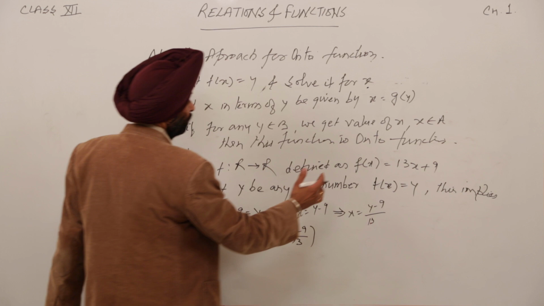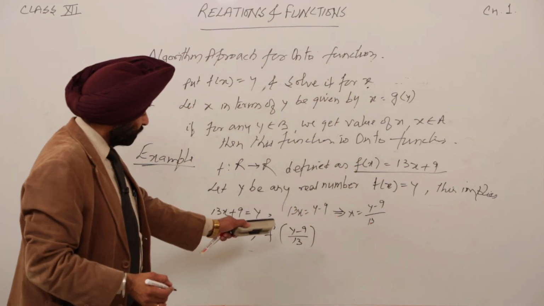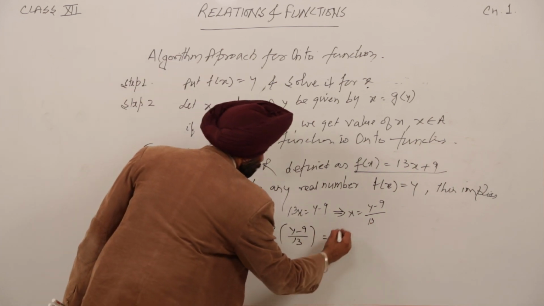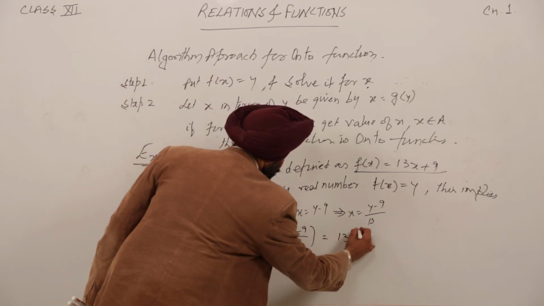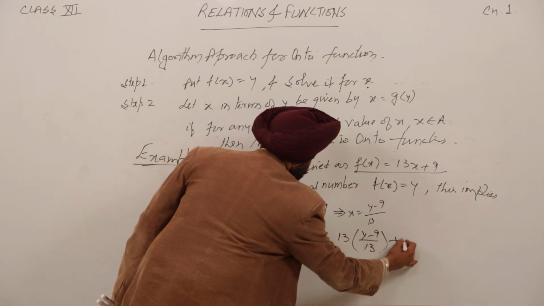Earlier f(x) was equal to 13x plus 9. Now f of (y minus 9) upon 13 is equal to 13 times (y minus 9) upon 13 plus 9.